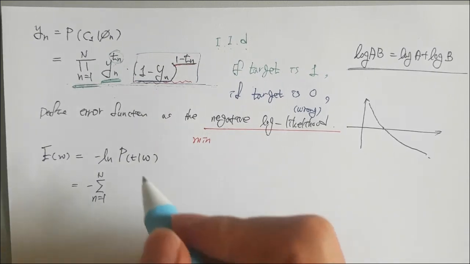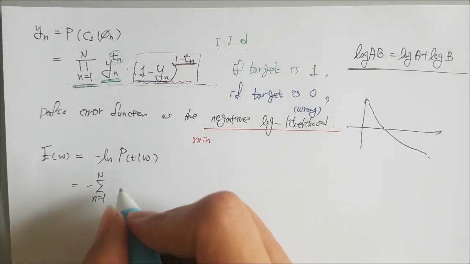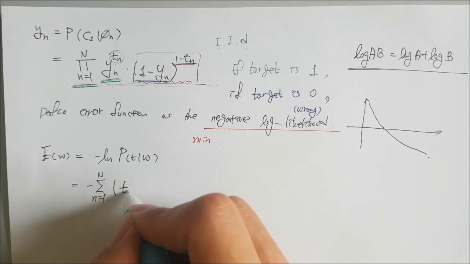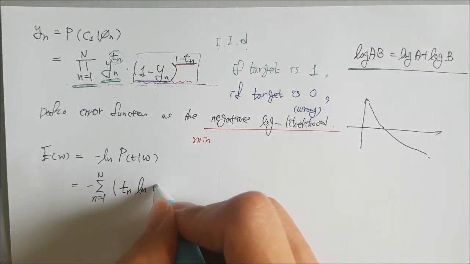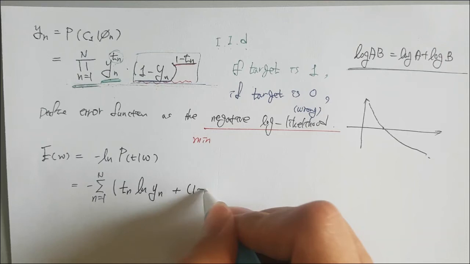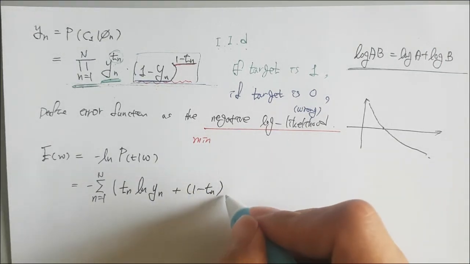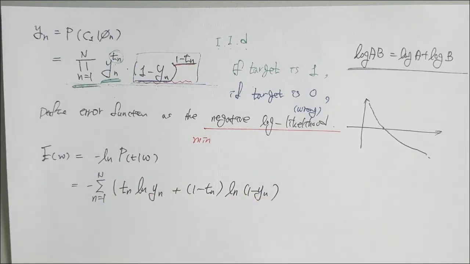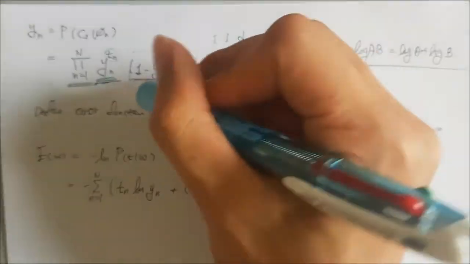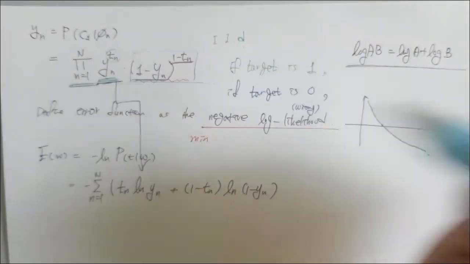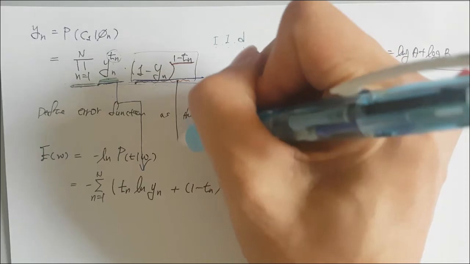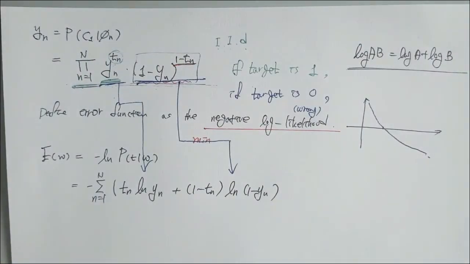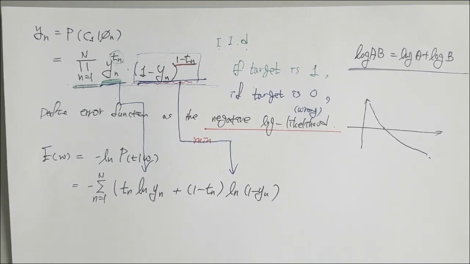It makes the mathematics really easy. Here, minus the sum of t_n log y_n plus 1 minus t_n log of 1 minus y_n. I just moved this equation to here, this equation to here, and t_n comes out from the log.